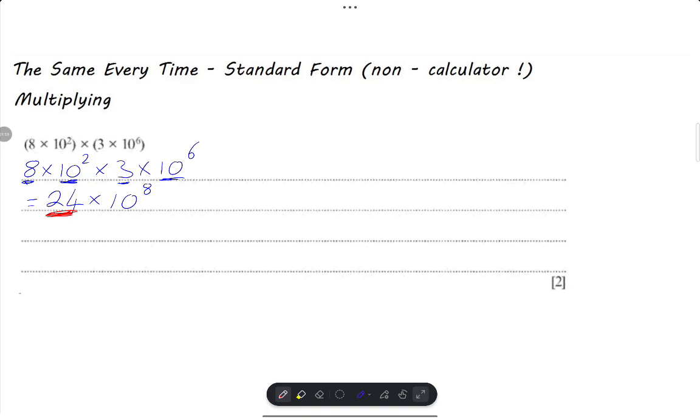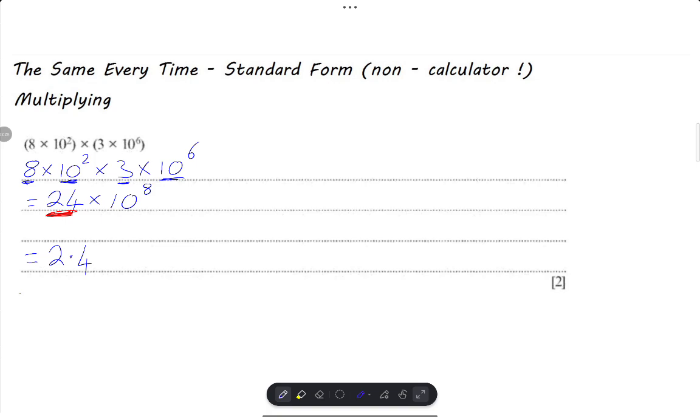So we can't have 24 times 10 to the power something, because that would not be standard form. So what we actually need to do is write that 24 as a number between 1 and 10. And the way we can do that is by dividing it by 10 and putting 2.4. So I've divided that number by 10.